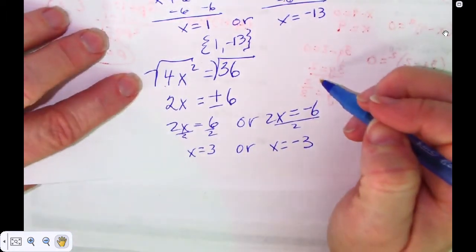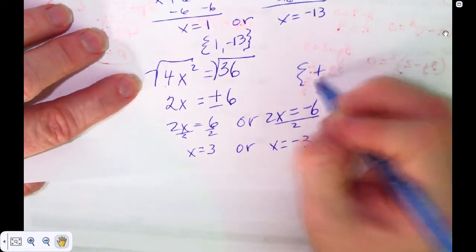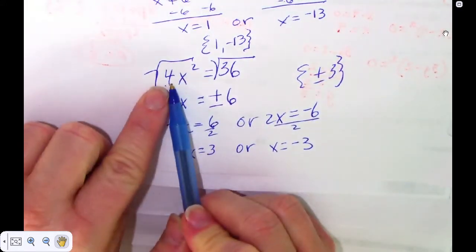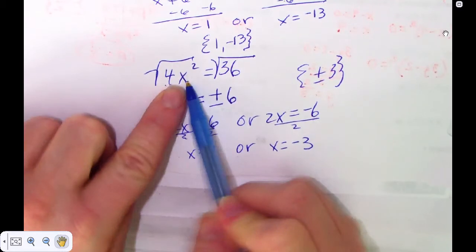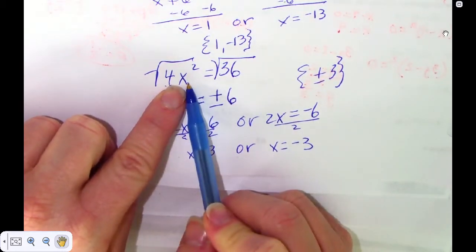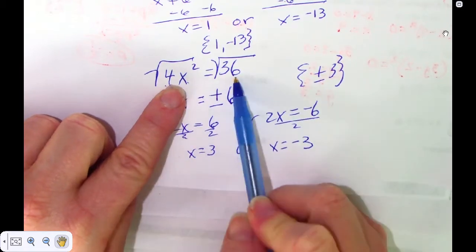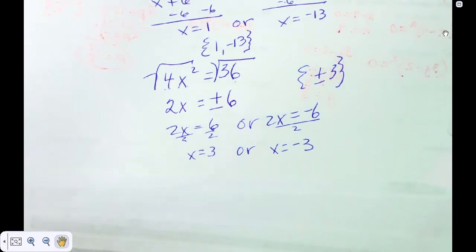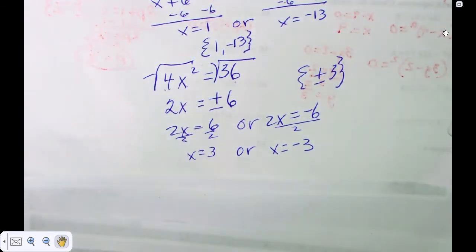So let's go put that in the calculator and I'll show you. So 4 times 3 squared. 36. Now if you do 4 parentheses negative 3 in parentheses squared equals 36.